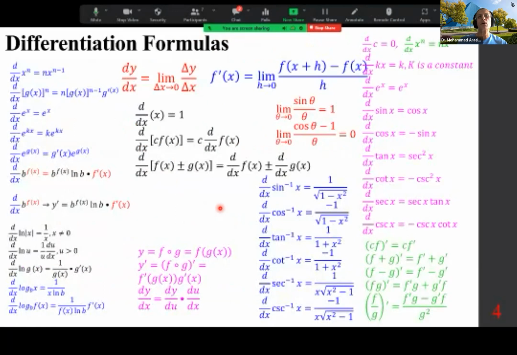Here's the synopsis of the differentiation formulas, from the definition to basic differentiation involving exponential, sinusoidal, and log functions and the chain rule. And then we go to sine inverse, the product rule, the quotient rule, and so on, and the definition of e that was discussed in the beginning.